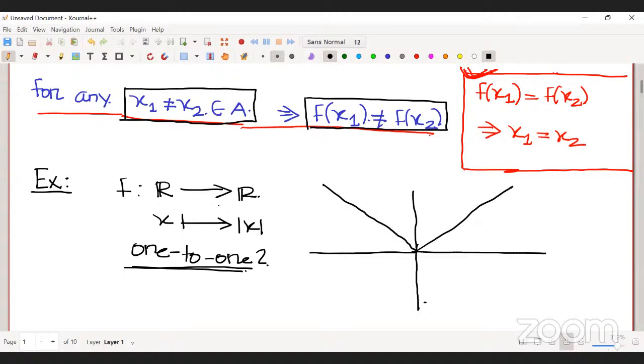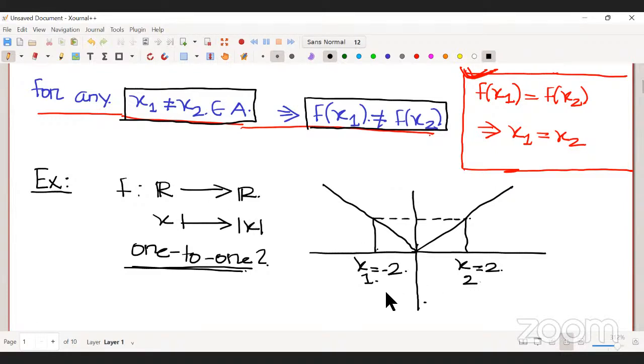As you can see, if I take the output of the function at x equal to 2, and the output at x equal to -2, at these two different points, here x1 is -2, x2 is 2. As you can see, their images are the same, right? So that basically contradicts the definition of a one-to-one function.